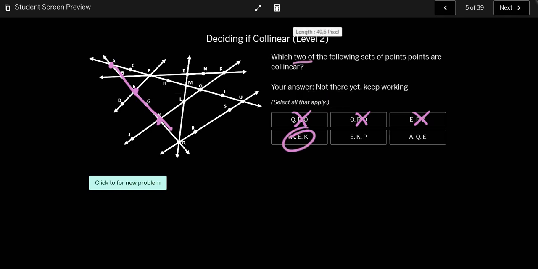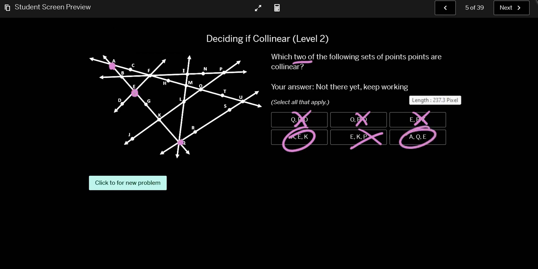The problem says there are two of them, so as we keep looking, EKP is here, there, and there, so again, cross it out. It happens to be the same letters as the first one. And then AQE, A, Q, and E. So there's the other one.